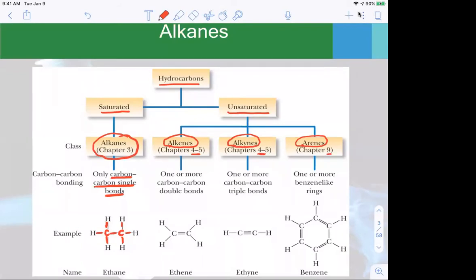But the basic idea is for an alkene, I have carbon-carbon double bonds. For an alkyne, I have carbon-carbon triple bonds. So here's my double bond. Here's my triple bond. And then for an arene, I have a benzene-like ring, which is this hexagonal structure with alternating single and double bonds.